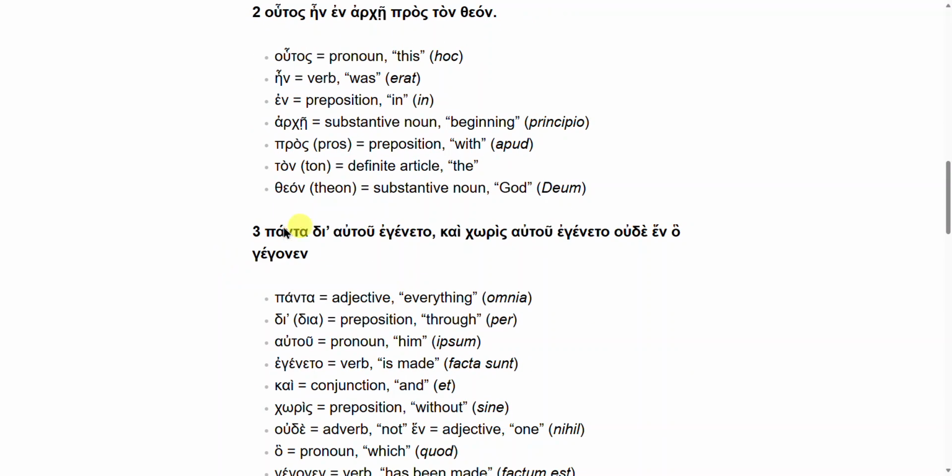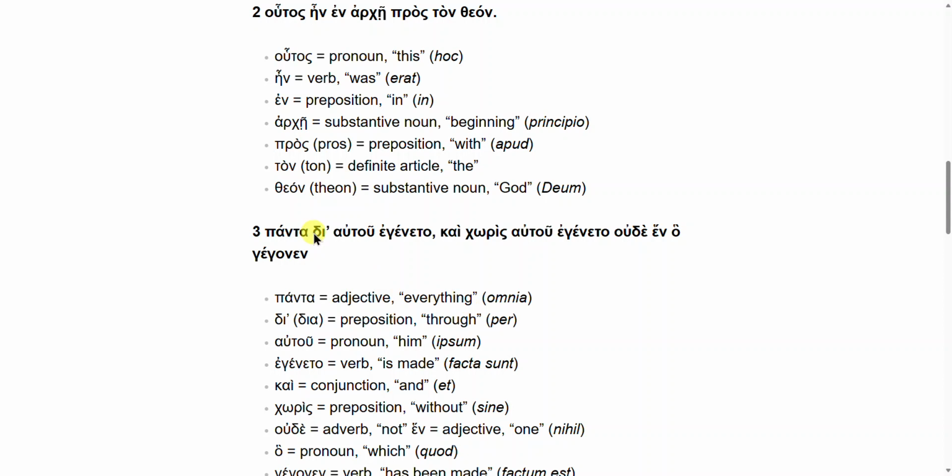Verse 3, panta, see the pi, alpha, nu, tau, alpha, panta. Panta here is translated omnia and means all or everything.